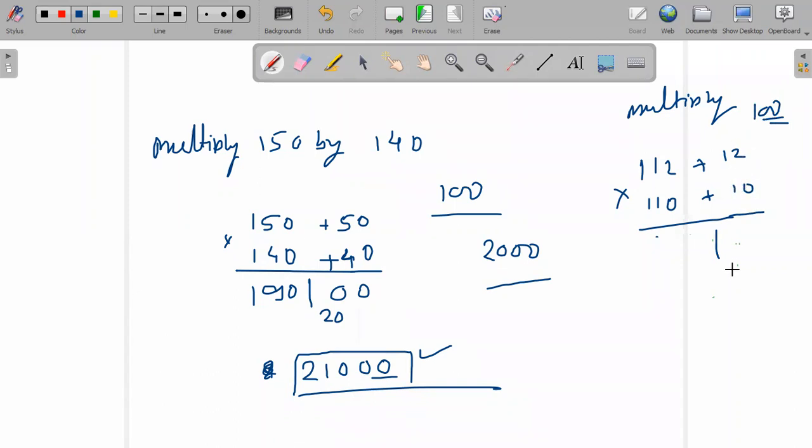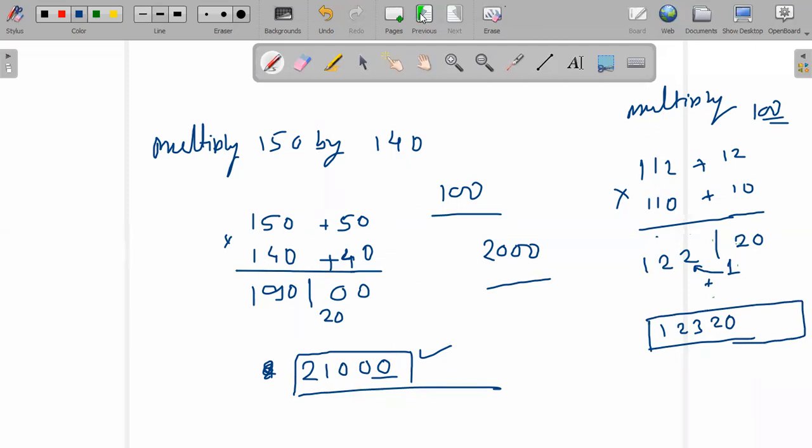So what is the multiplication here? 120. So 20 will be there and 1 will be the carry. Now addition of these two: 1, 2, 2. You have to add the 1 to this 2, and 2 0. It's right. No problem. Check it one more time.